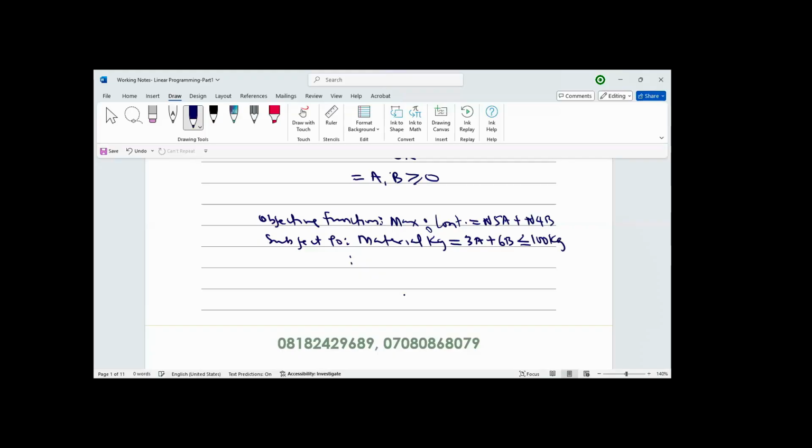Then labor hour is 5A plus 2B less than or equal to 120 hours. Then I would say non-negativity constraints: A and B greater than or equal to 0. A and B must be greater than or equal to 0. So this is how to formulate a linear programming model.